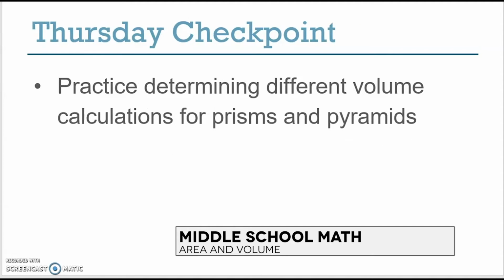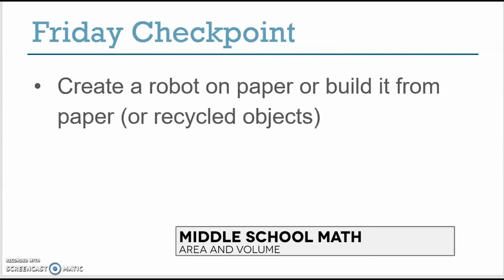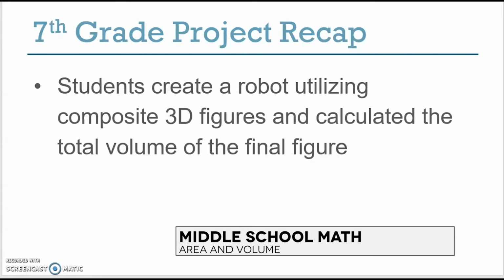On Thursday, we put it all together. I'm going to give you all sorts of different figures, some of them prisms, some of them pyramids, some of them might even be composite. And you're going to determine the volume for those calculations. Finally, on Friday, you get to create your robot, and you're going to build it or draw it out.